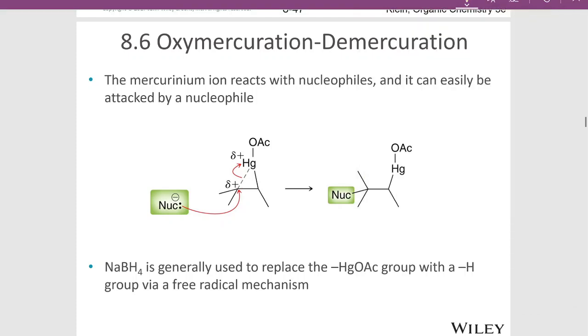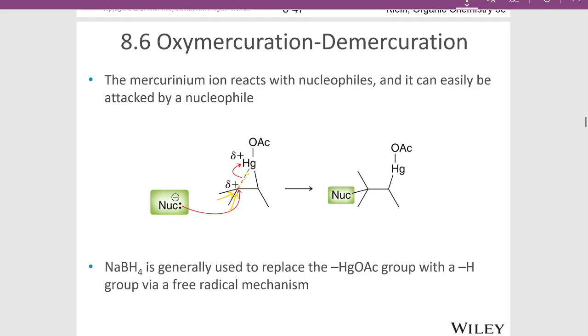The alkyl groups, remember, are electron donating, and they're donating electron density in, which stabilizes the positive charge of the mercurinium ion, which essentially elongates and weakens the bond from that side of what was the alkene to the mercury. So that's essentially giving the more substituted side more carbocation character.